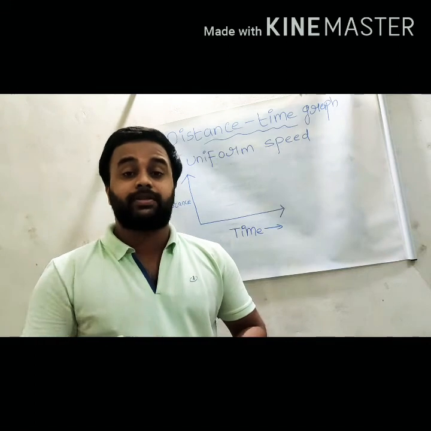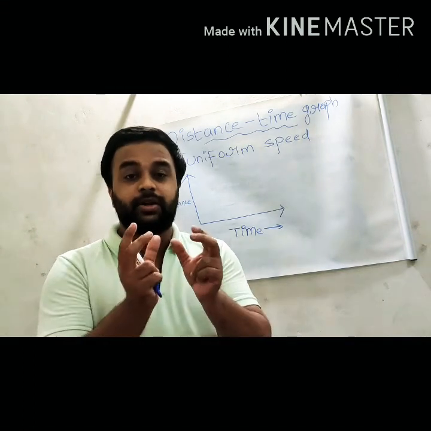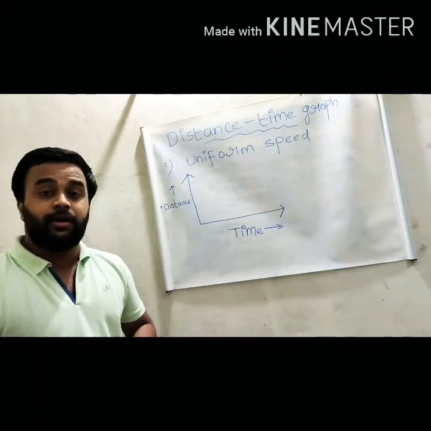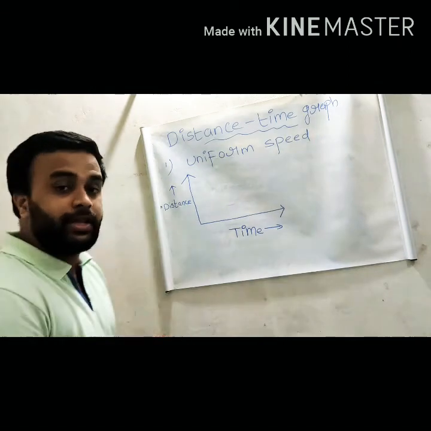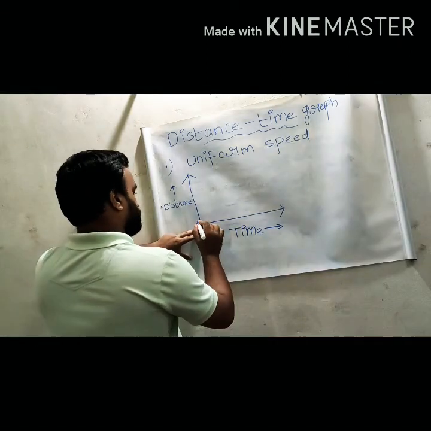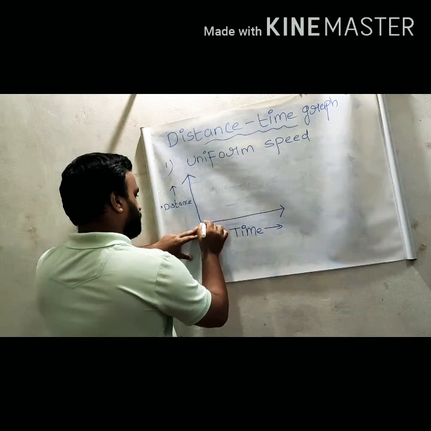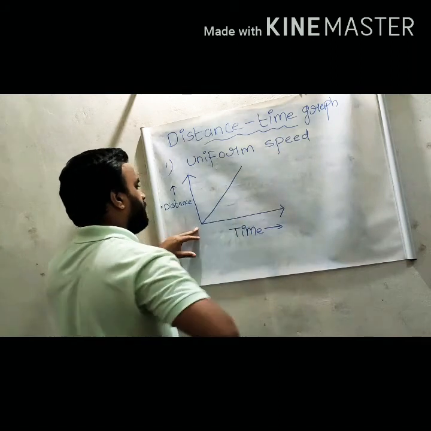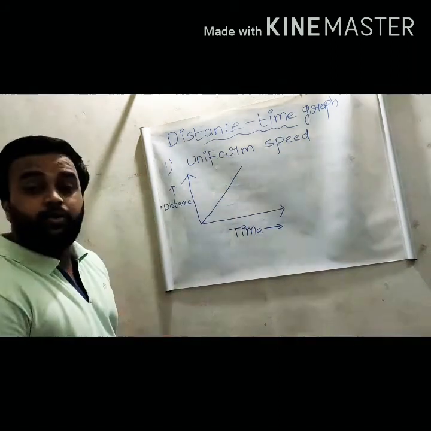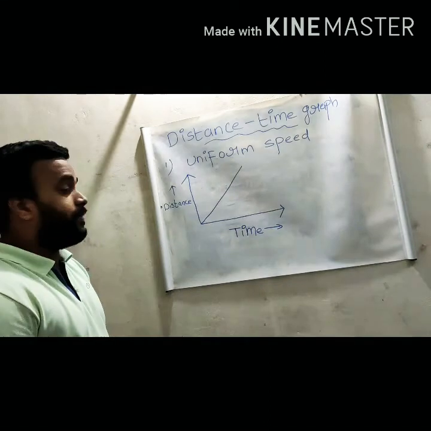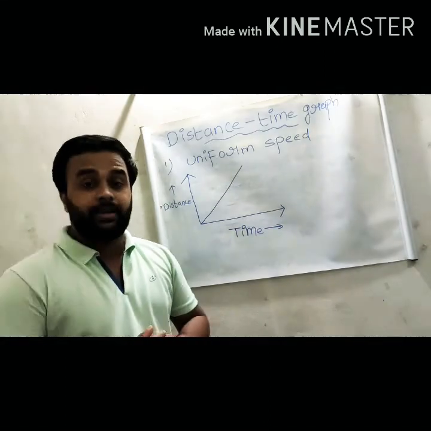So how can we represent equal distances in equal intervals of time in a graph? Let's see. The graph will look like this. It's a straight line graph.